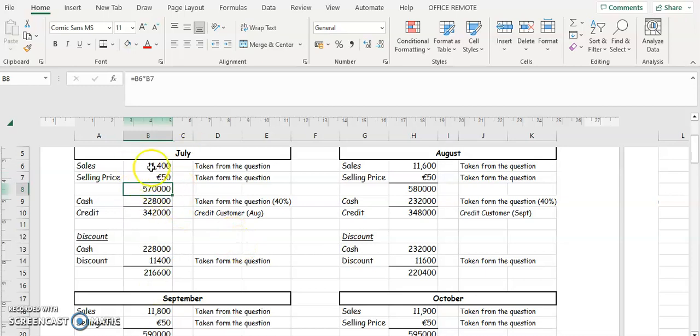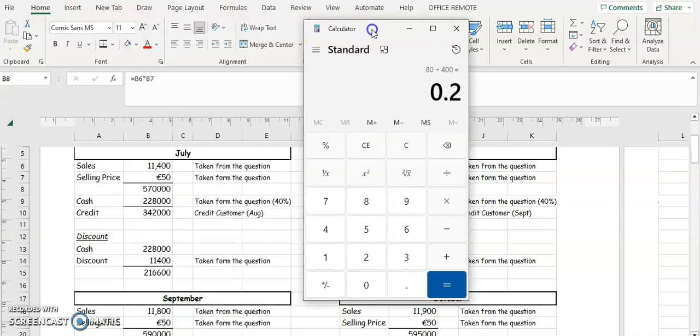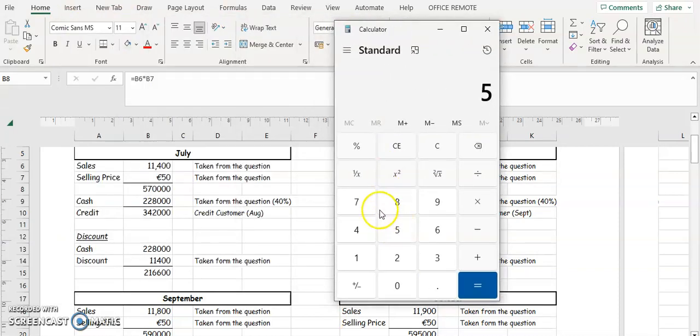Now of that 570,000, 40% of it is for cash. So we're going to take the 570,000 and multiply it by 40%. If I show you my calculator here, it'll be 570,000 multiplied by 0.4.